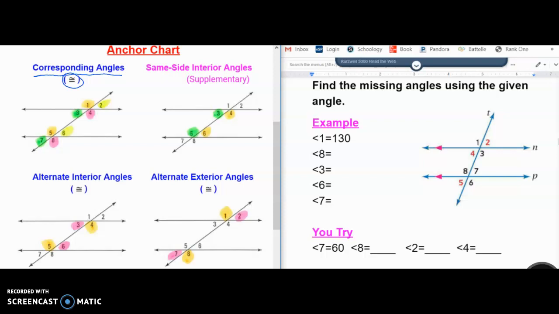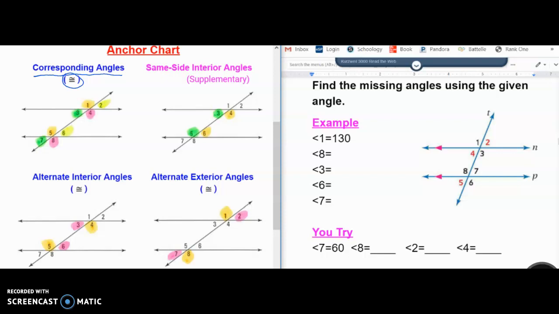Okay, for example, if you have a line here, this line is called a transversal. This transversal is cutting the two parallel lines. If you recall from yesterday, corresponding angles are angles that are in the same place but different line. For example, notice that angle 1 is in peach and angle 5 is in peach.